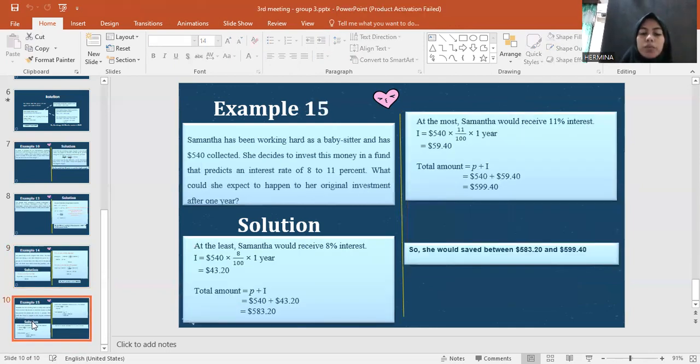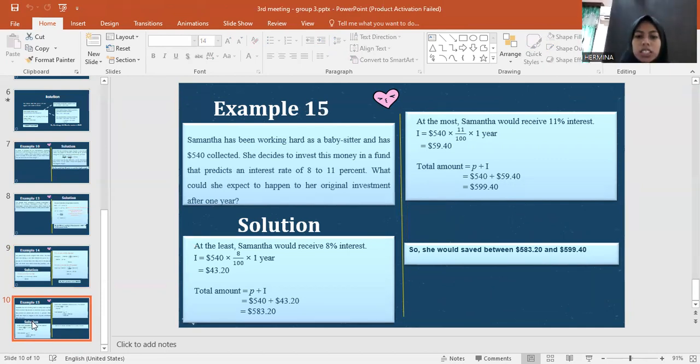Next, example number 15. Samantha has been working hard as a babysitter and has $540 collected. She decides to invest this money in a fund that predicts an interest rate of 8 to 11%. What could she expect to happen to her original investment after 1 year?